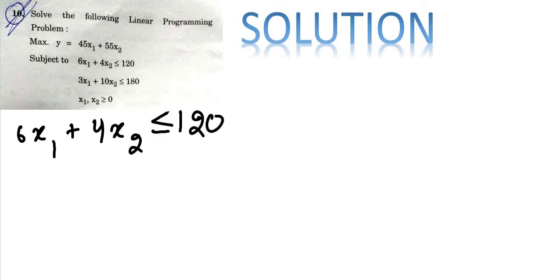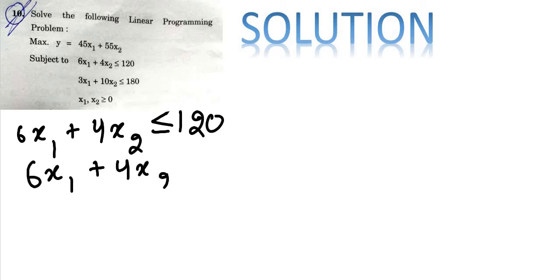So friends, as we started in the previous video, first of all we have to remove the sign of inequality. So how to remove the sign of inequality? Here we can see that our first equation is 6x1 plus 4x2 is less than or equal to 120. We will remove the sign of inequality and put the sign of equal.